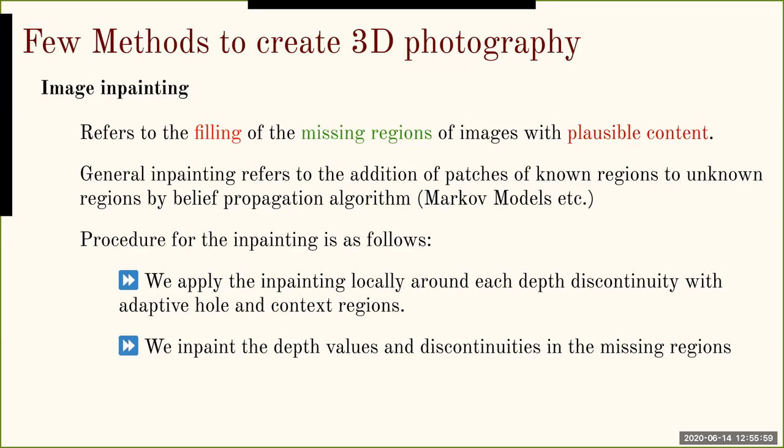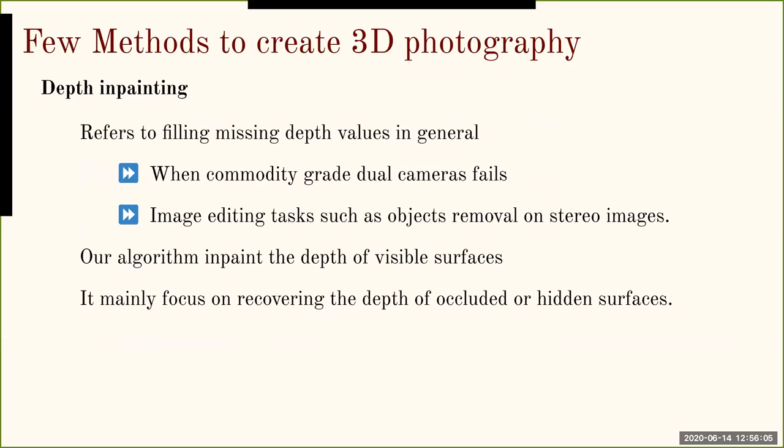So we inpaint the depth values and discontinuities in the missing regions. Depth inpainting refers to filling in missing depth values in general, when commodity-grade dual cameras fail. Depth inpainting generally gives good results when we don't have dual cameras.